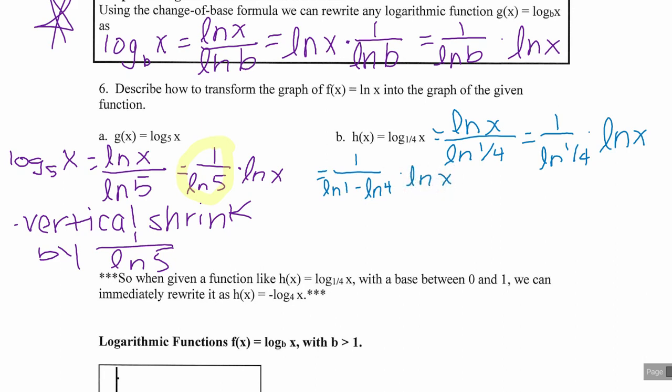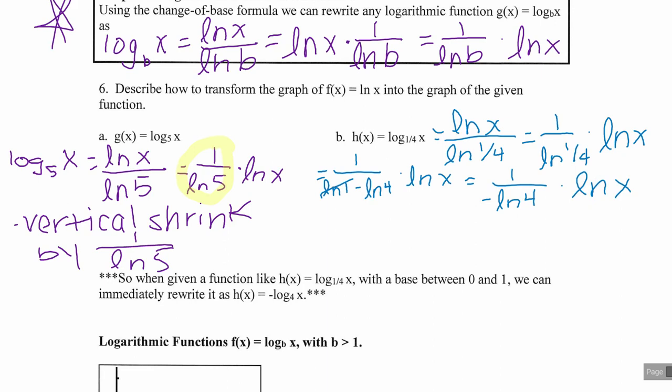And our last step to simplifying that, again, is something I used in 5c. That natural log of 1 is 0, so it kind of cancels out. So I'm going to cancel it there. And this just becomes 1 over the negative natural log of 4 times the natural log of x.